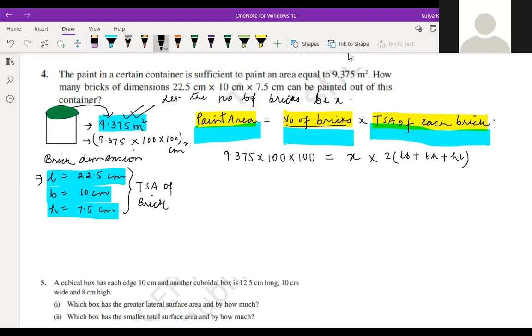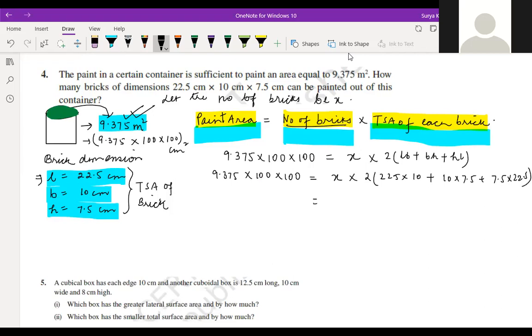So here the same thing will come: 9.375 multiply by 100 multiply by 100 is equal to x into 2 LB. It becomes 22.5 into 10 plus 10 into 7.5 plus 7.5 into 22.5.